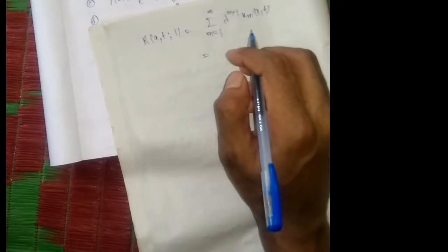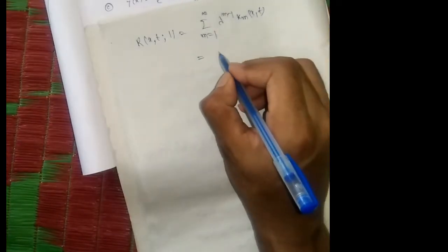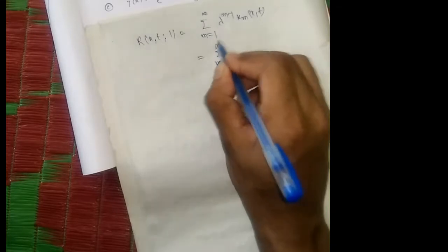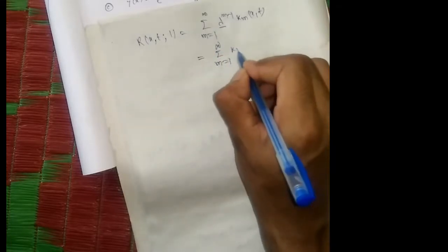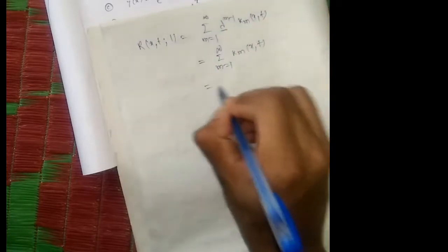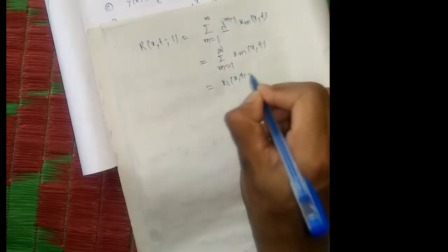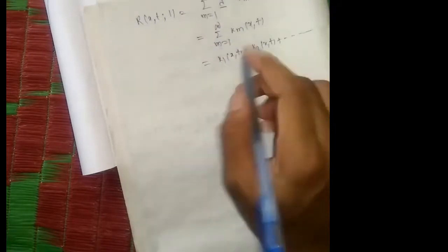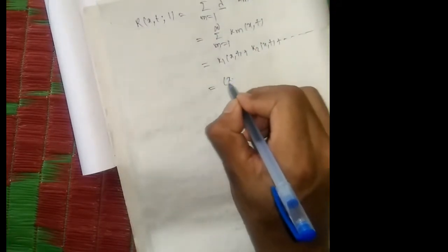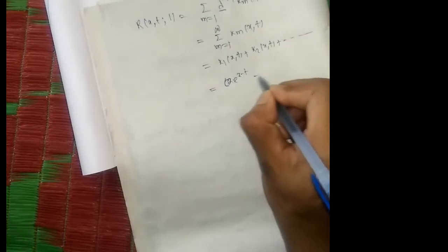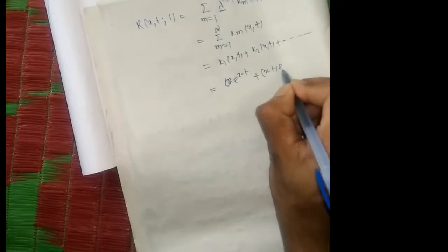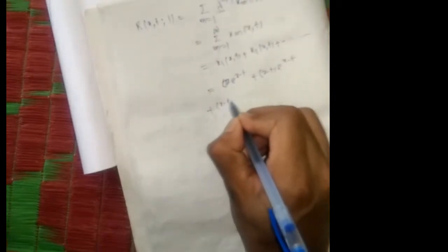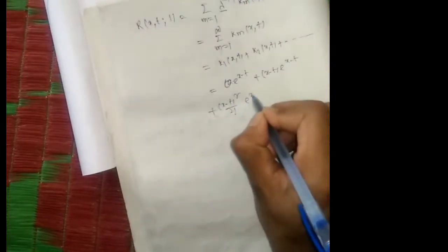So this is written as summation m equals 1 to infinity, this lambda is 1, so only km(x,t), that is k1(x,t), k2(x,t), and similarly others. So this is e to the power x minus t, then (x minus t) e to the power x minus t, then (x minus t) squared by 2 factorial e to the power x minus t, and similarly the other terms.